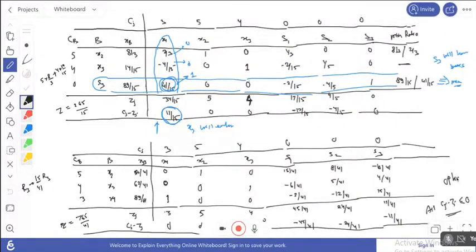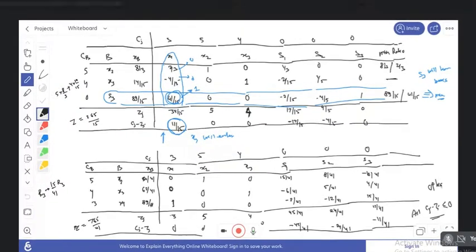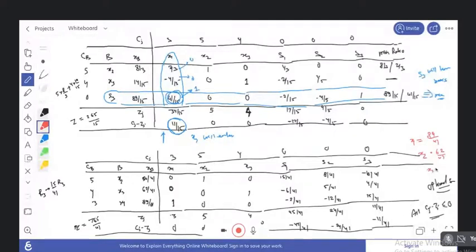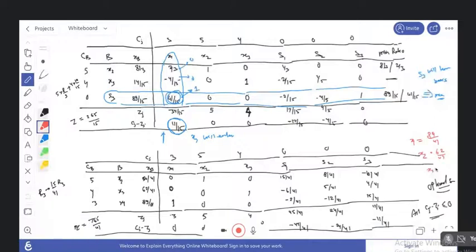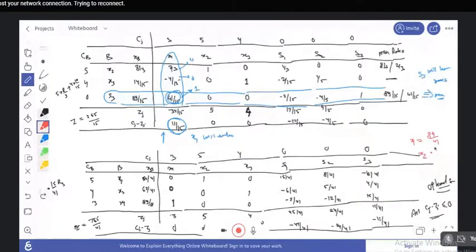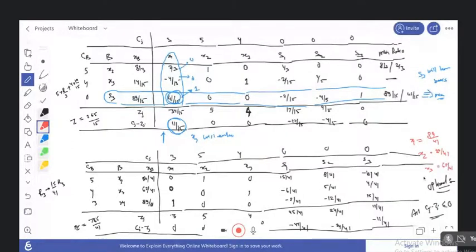So this means you get the optimal solution. x3 is 62 over 41.